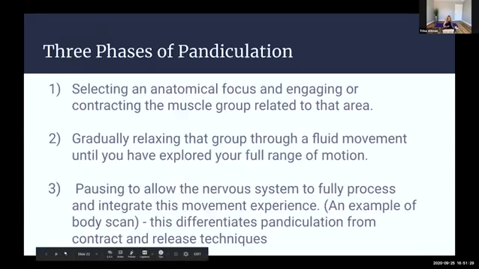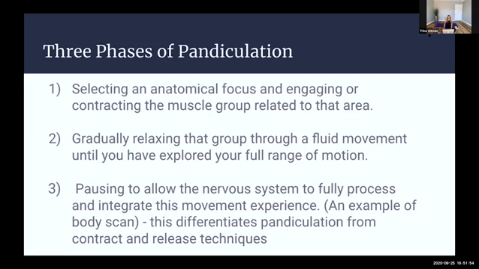So there's 3 phases of pandiculation. The first phase is selecting an anatomical focus and engaging or contracting the muscle group related to that area. We're going to actually do this together, but first, we'll talk about these 3 phases.